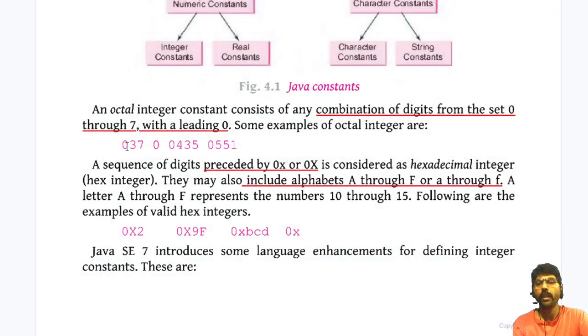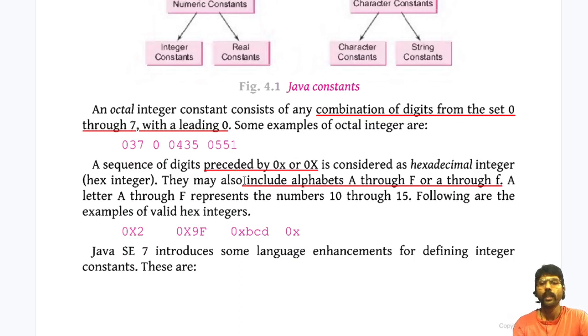For example, 037 is an example of an octal integer constant. 0435 is also an octal integer constant. 089 is not an octal constant because 8 and 9 are not within the range of 0 to 7.